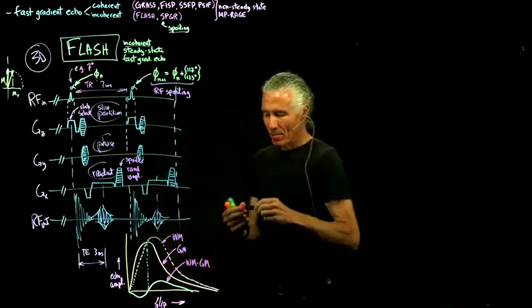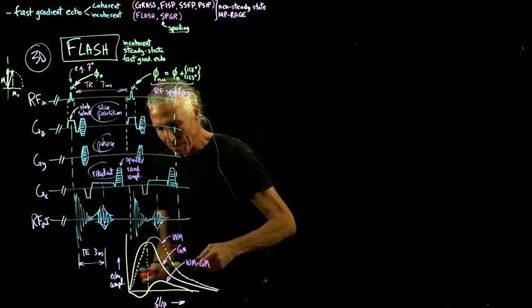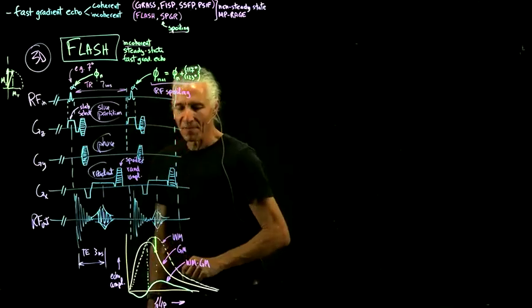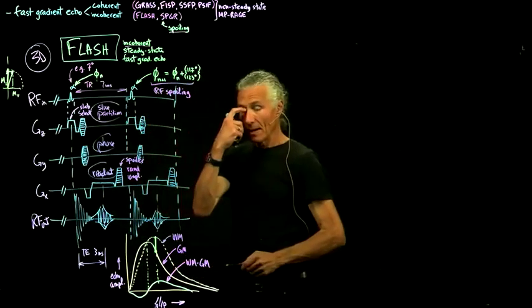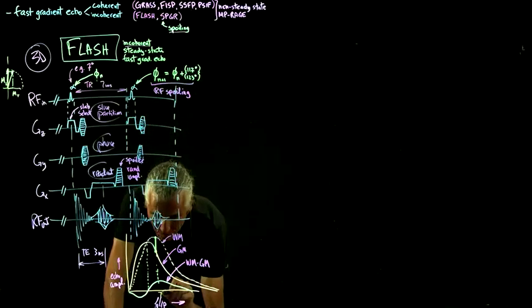So this is going to be your optimal flip angle. Somewhere up here is where you're going to get the biggest contrast, and that might be a flip angle of, say, 7 degrees or something like that.